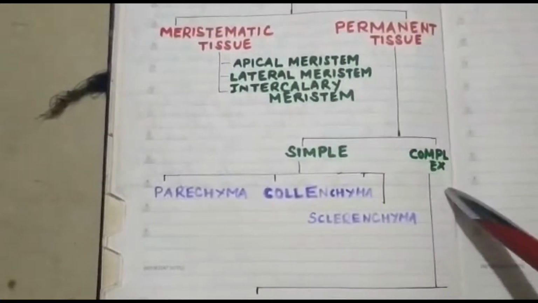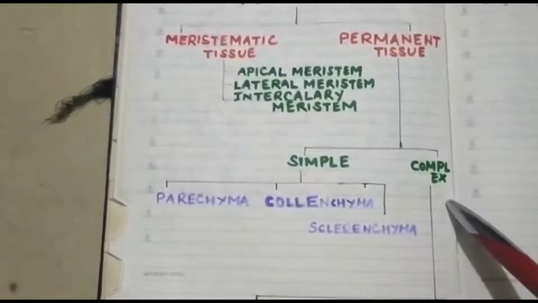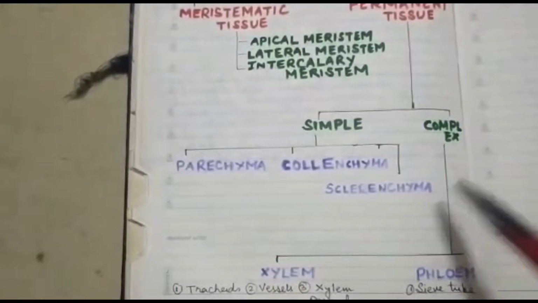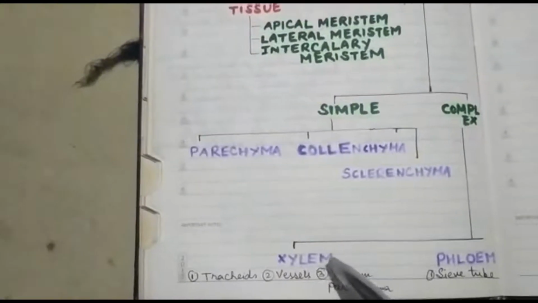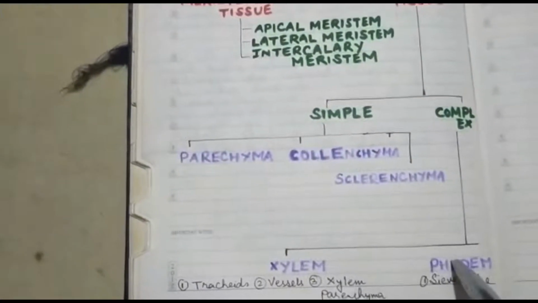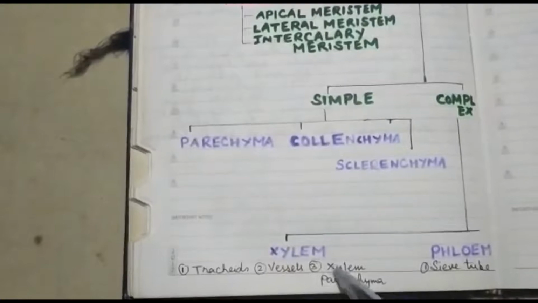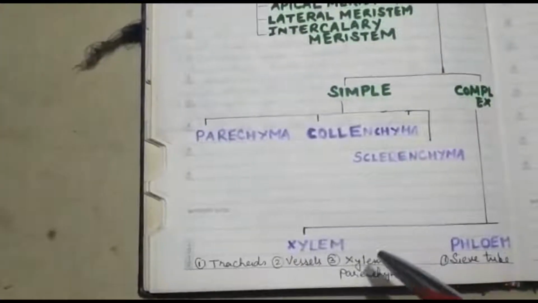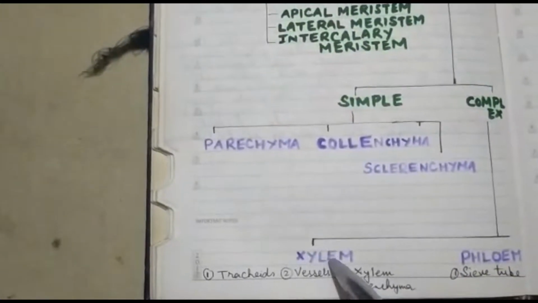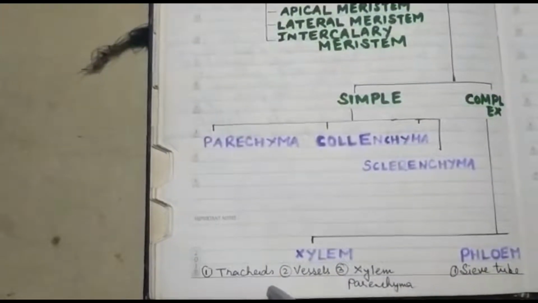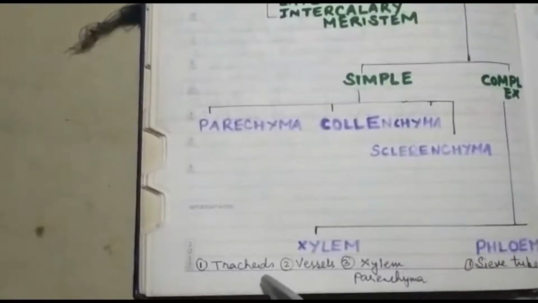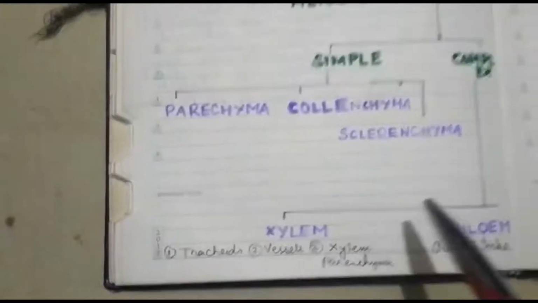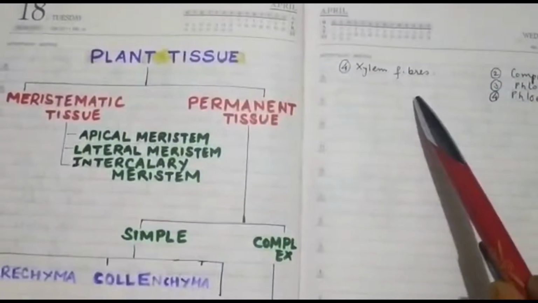And the other type, complex tissue, has two more types, that is xylem and phloem. The xylem tissue has four types of cells which I have written and I will explain later on. These cells are tracheids, vessels, xylem parenchyma and xylem fiber.